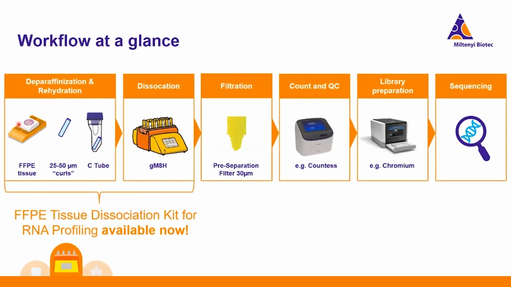It's starting off with the FFPE tissue, from which you cut some curls, 25 to 50 microns, and put them into the C tube. You perform deparaffination and rehydration in the very same C tube, adding dissociation enzymes, which are now part of our FFPE tissue dissociation kit for RNA profiling, which we have released this month, and dissociate those samples on our GentleMACS.